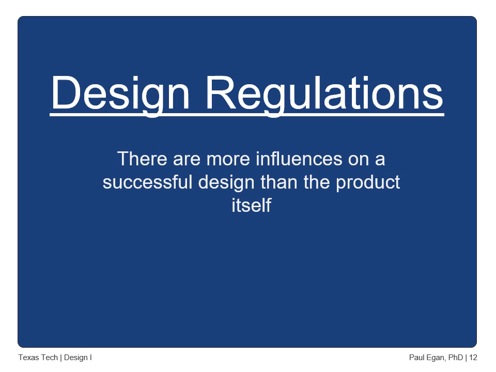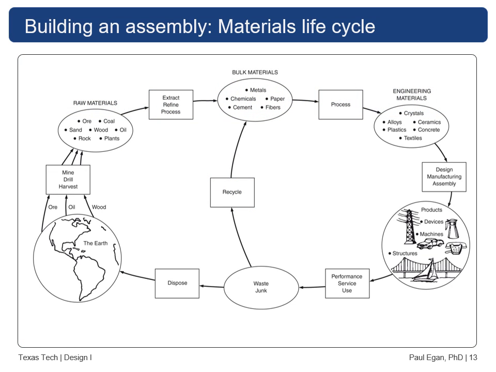So the most important thing in the course is that you're creating a product that solves a problem and does it in a mechanically efficient way. But as you're designing, you need to be aware of other influences rather than just the design itself that's going to affect your decisions. And these come from different design regulations. So one place is to think of the materials life cycle.